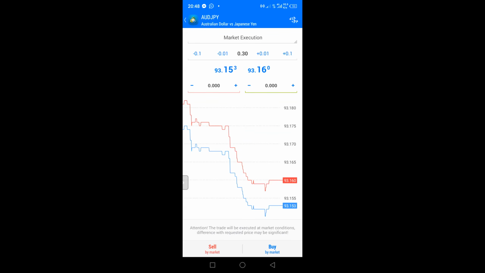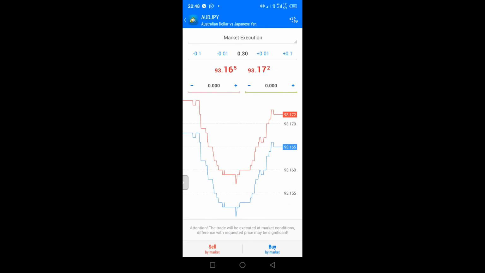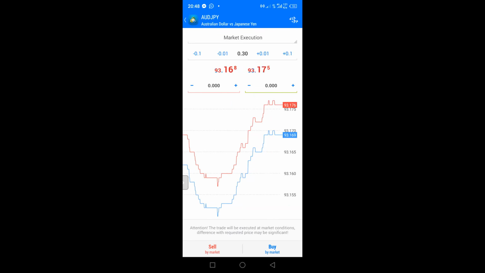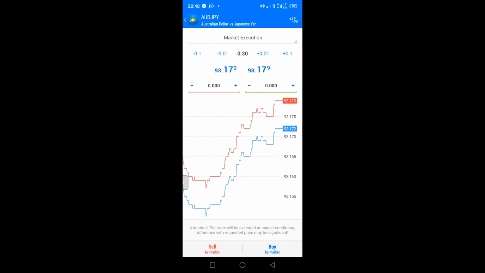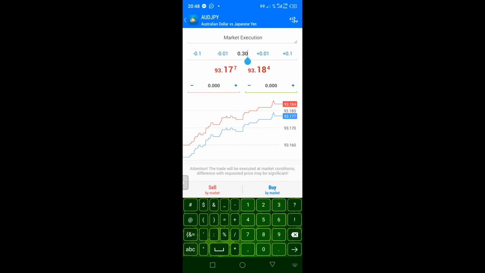Now, another thing I can do, that's the first way to choose a lot size, to input your lot size. The second way, which is far easier, is simply click on that black where your lot size is, delete and input what you want. Right, so I could delete that and put, I want to take a standard lot at 1.5, and I delete the 0, right? So those are two ways you could do that.